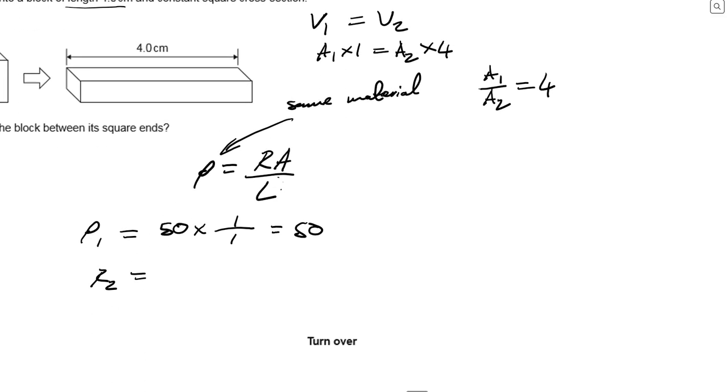And now we can use that because what we know here is that resistivity is equal to resistivity times L2 over A2, right? Which are both different.